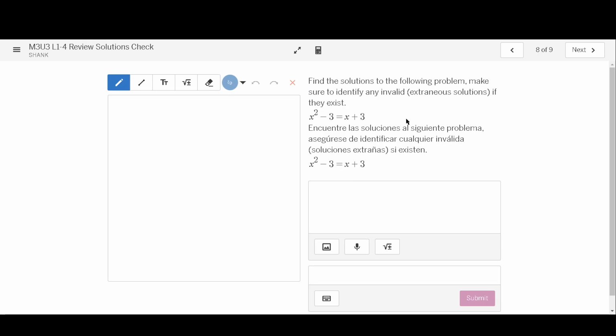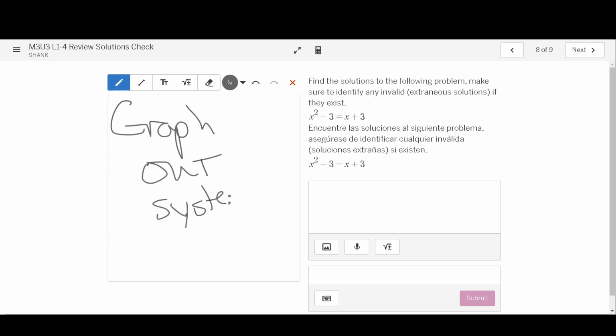And then for the last one, be able to graph this out. So let's just say for this one, graph out the system. Let's find out where they're equal and we'll fill it in.